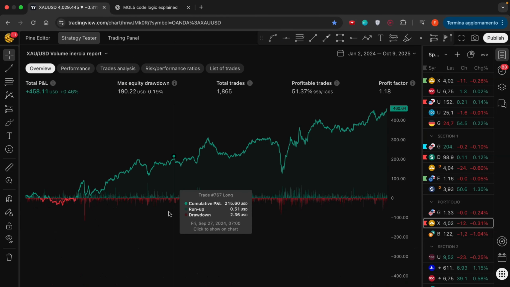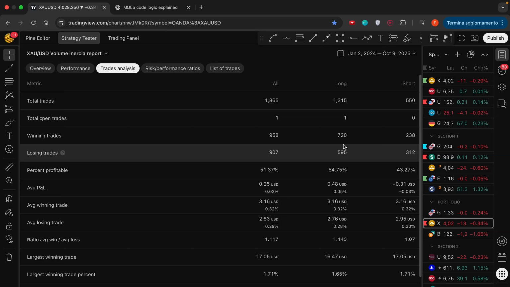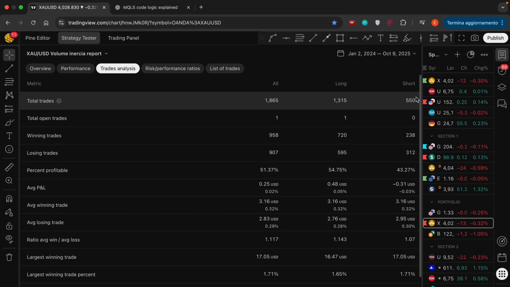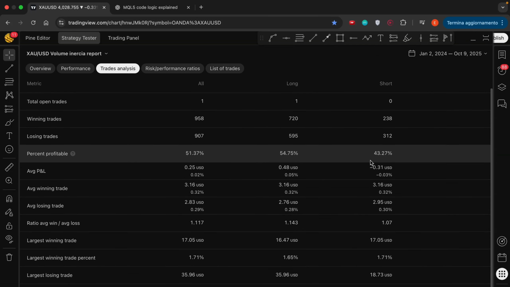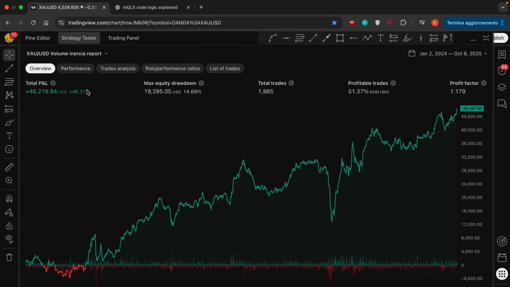Okay, so as you can see from that, we can extract data, and on the trade analysis, we can see that we're actually having success. For example, here we see the win rate for long positions and also for short positions, and then we can see other parameters. Now the performance seems to be much better.